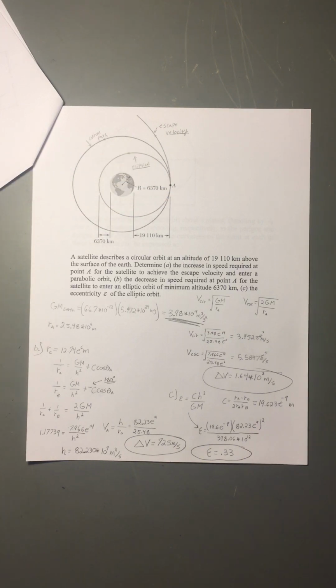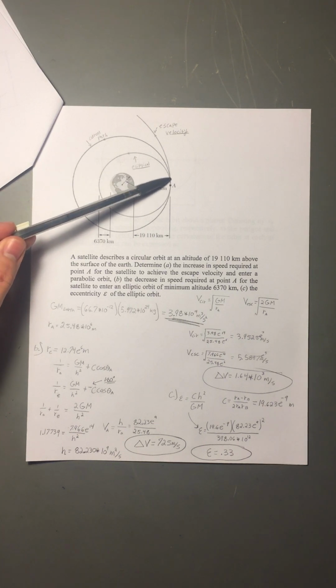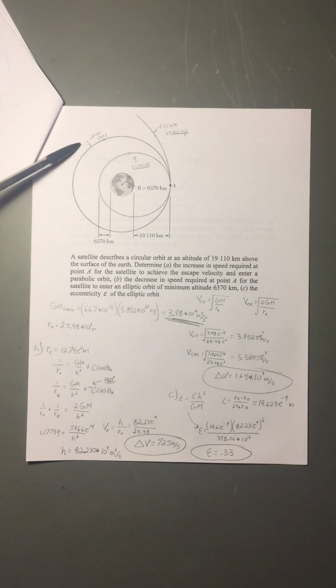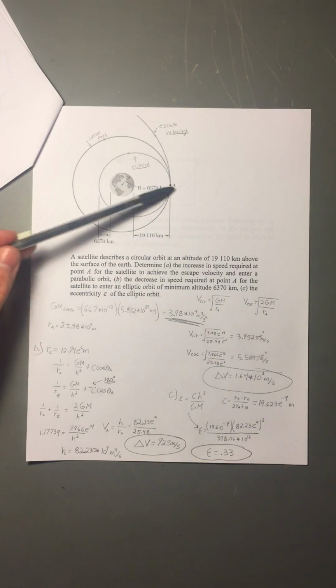And so the first thing the question wants us to find is the increase in speed required at point A for the satellite to achieve the escape velocity. And so the problem tells us that currently the satellite is following this path of the circular orbit, and it tells us the altitude.